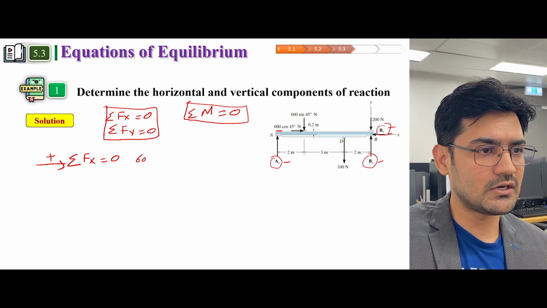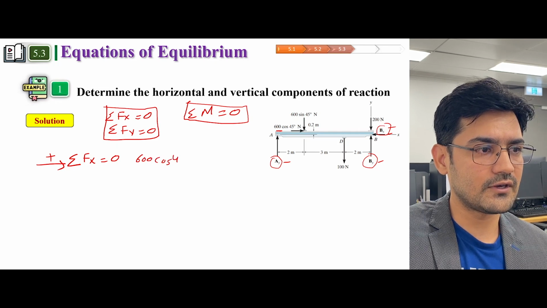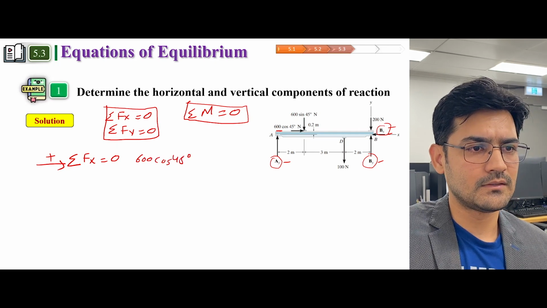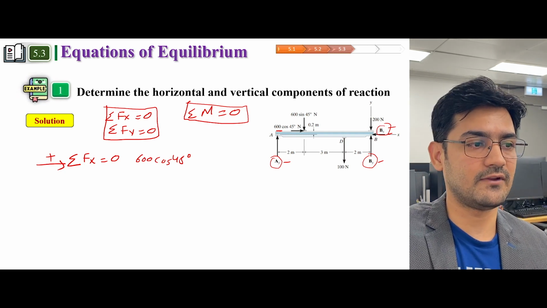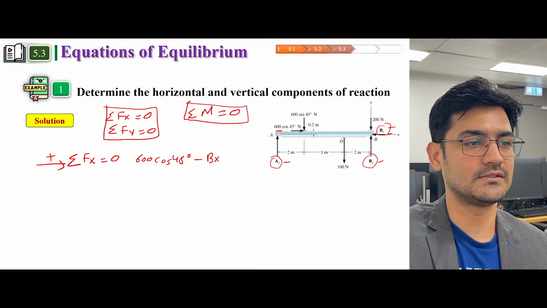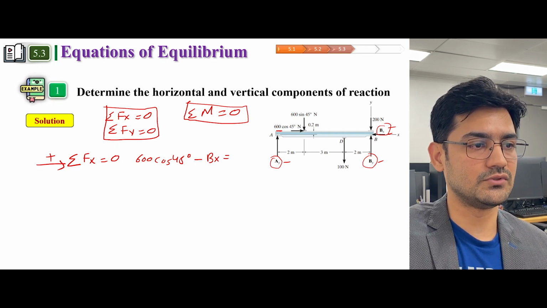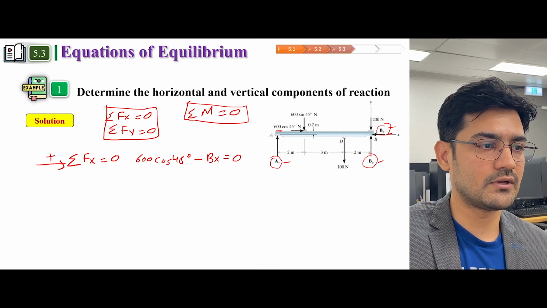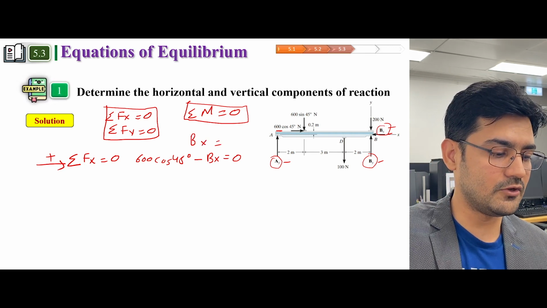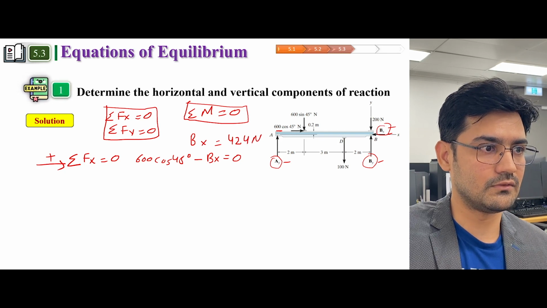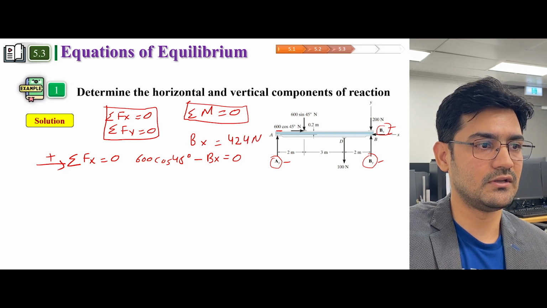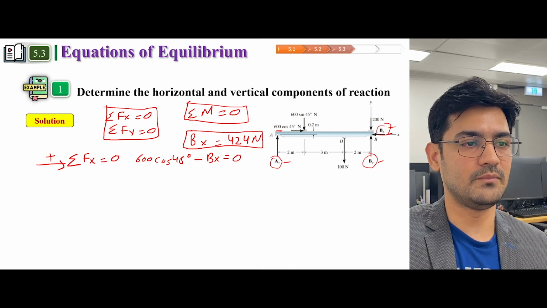So 600 cos of 45 degree, it's acting on the right hand side, so it's positive, and b of x is acting on the left hand side, so it's negative b of x, so is equal to 0. So if you do this, you can find the value of b of x is equal to 424 Newton. So this is the value of b of x.